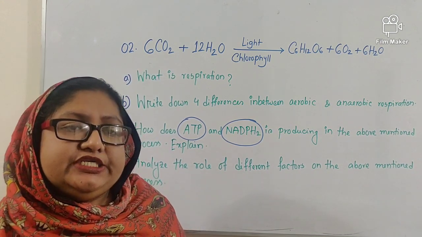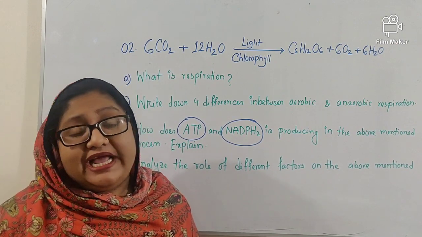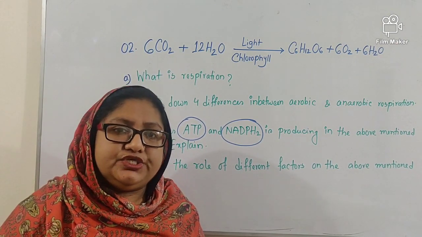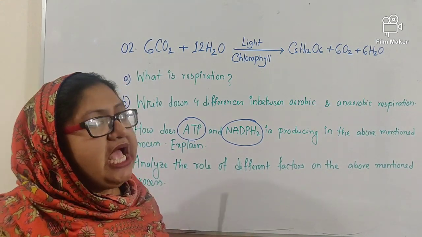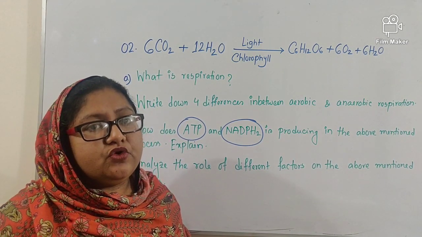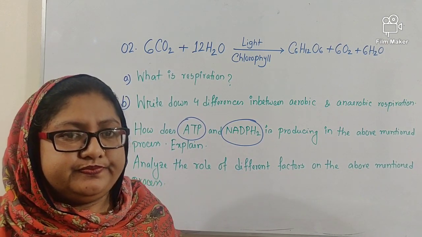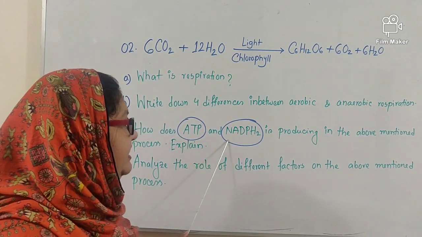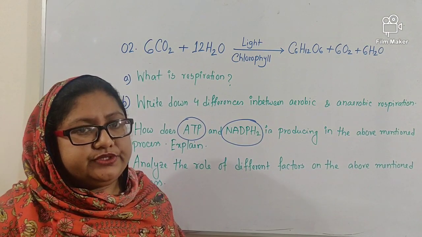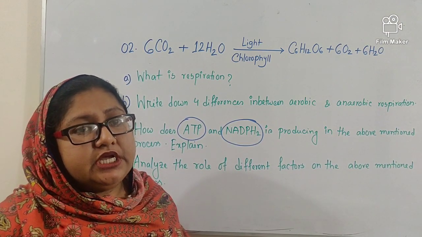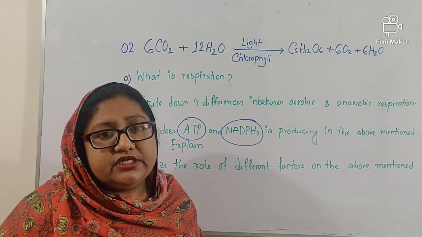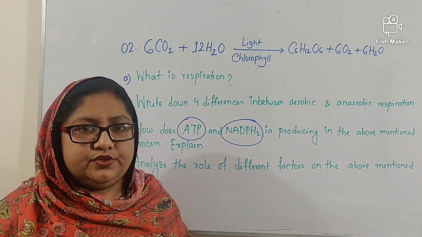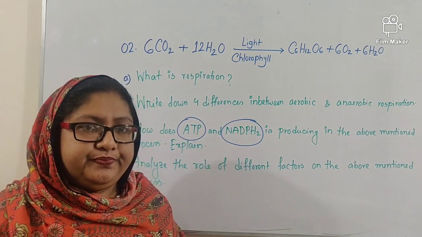How? For the light dependent phase, light is essential. In this phase, sunlight and chlorophyll play a very important role, and ATP and NADPH2 are produced. In this process, the solar energy is converted into chemical energy with the help of chlorophyll.